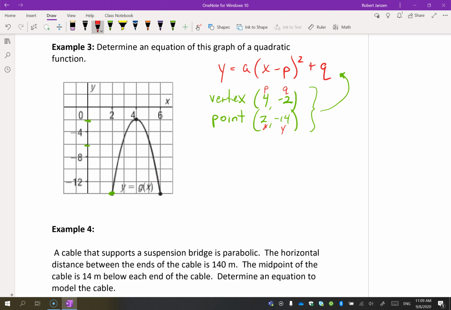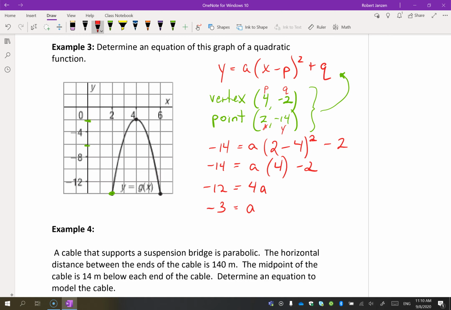So if I put this all in, y is -14, I still don't know a, x is 2, p is 4, and q is -2. If I do this, I'll be able to figure out what a is. So let's add 2 to both sides. Divide by 4.